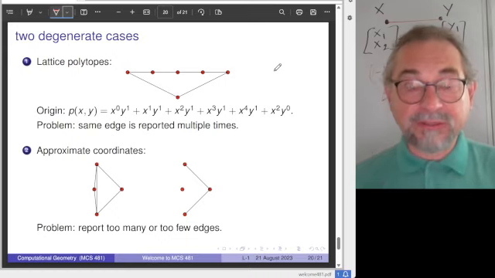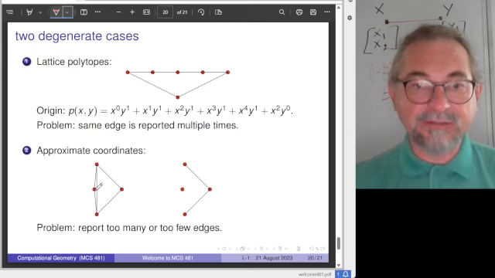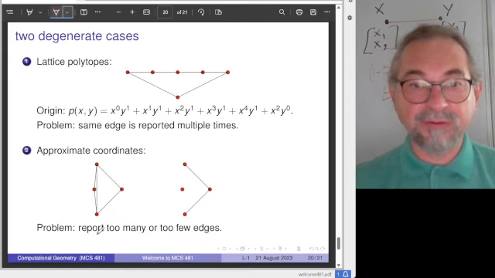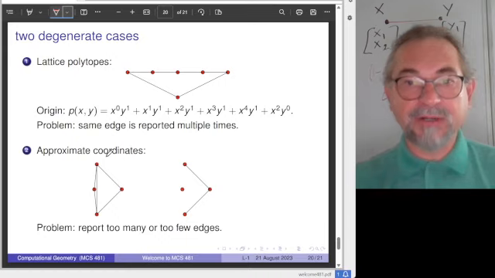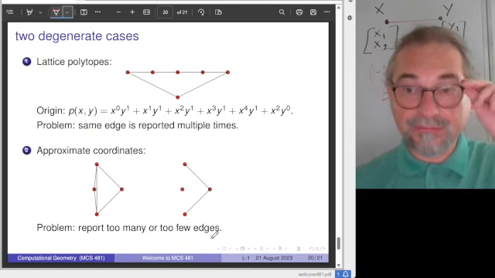If we consider coordinates that are known with limited accuracy, we may get into even worse situations. So it could be, like in this case, that we cannot decide whether a point lies to the left or the right. So sometimes we decide when we look at it this way or that way that it should be there or it shouldn't be there. Sometimes we may have too many edges that are reported or too few edges.